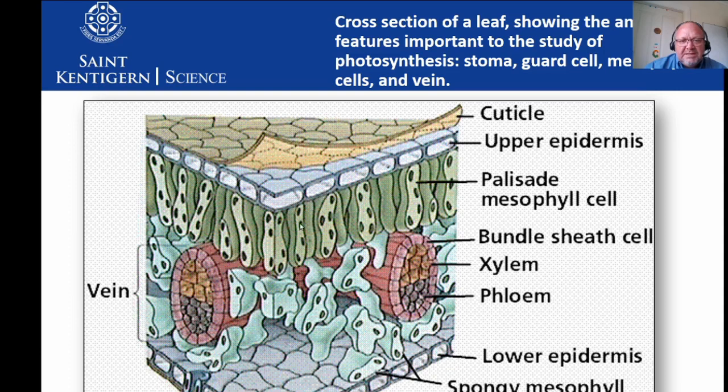You will still have some chloroplasts in your spongy mesophyll, but not as many as in your palisade cells. The reason for that is quite simply that your light intensity as you go deeper into the leaf will be less and less. So you can think about it, a plant with a really big, thin leaf will most likely be found in areas of lower light, because it's trying to catch as much sunlight as it can.